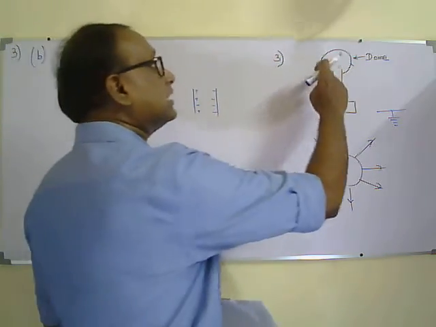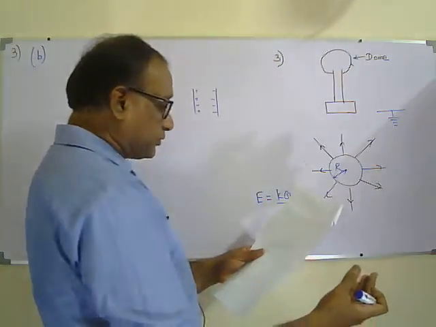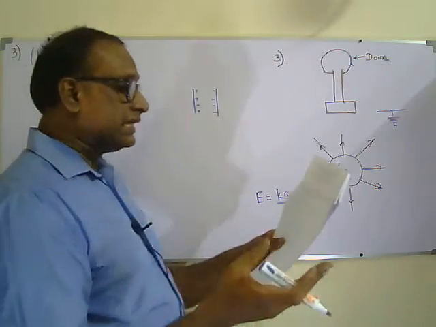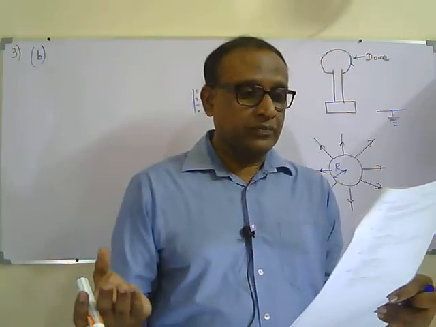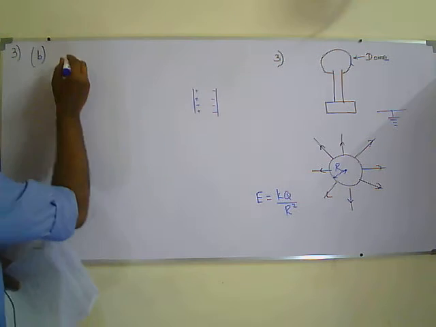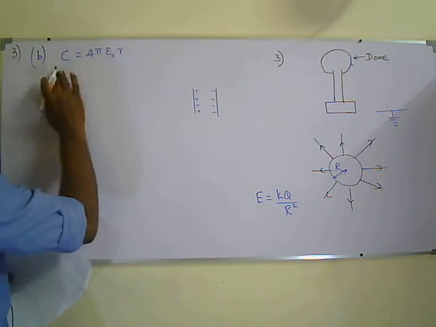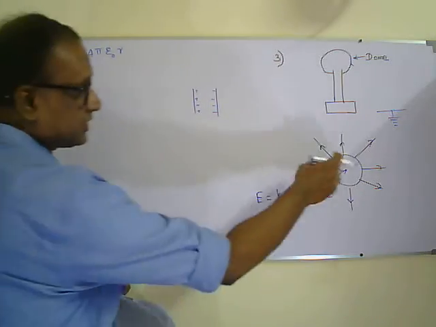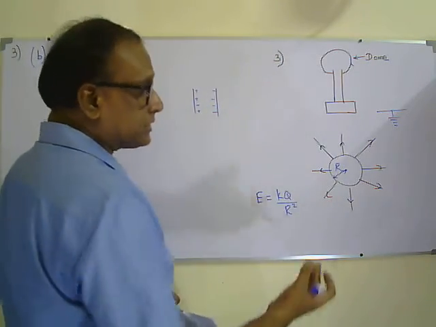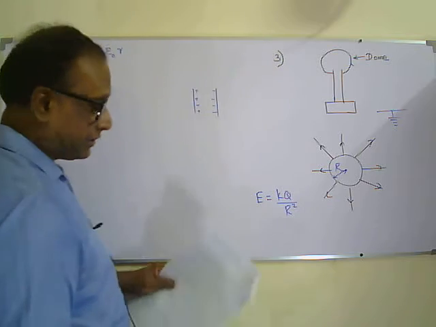In the question they say the capacitance of a conducting sphere of radius r is given by C equals 4 pi epsilon naught r. This is the capacitance of the metal sphere. You can ask, what is the next plate? The next one is the earth, right?